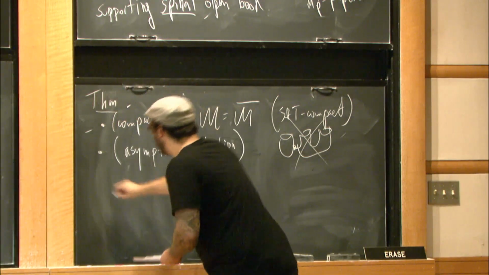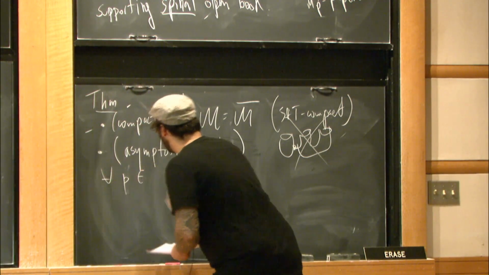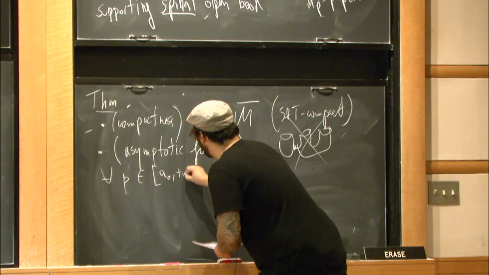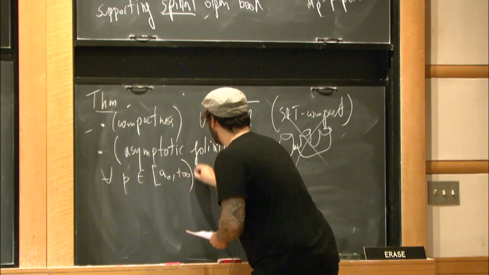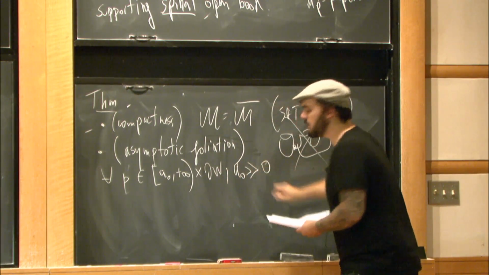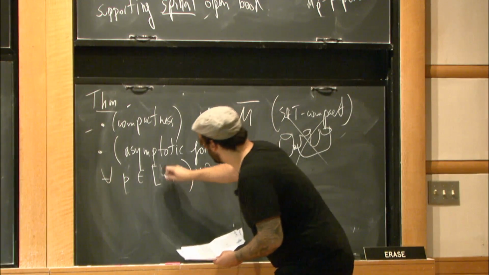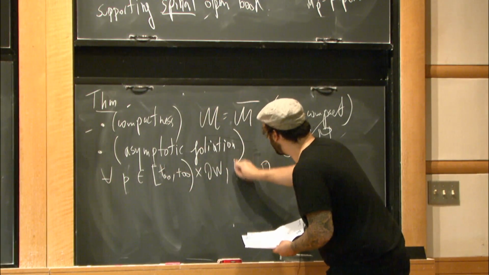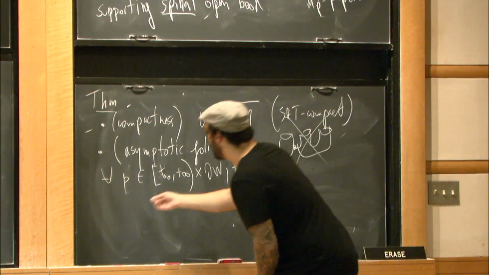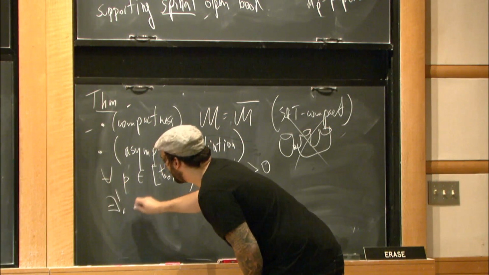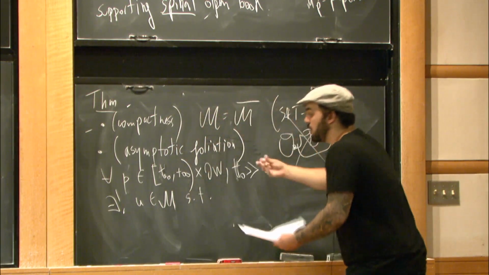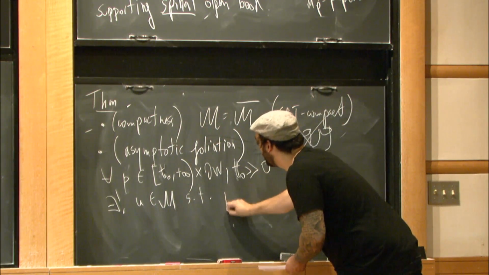So for every point P in some neighborhood of infinity, so here T0 is some really large parameter in the Liouville direction, there exists some unique curve U in the moduli space that passes through that point.